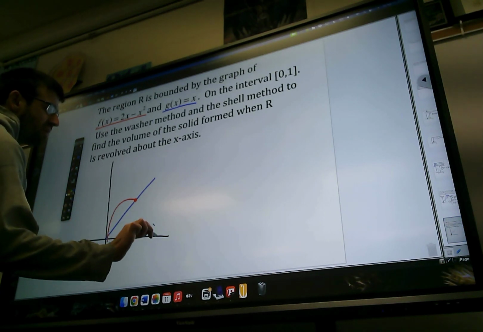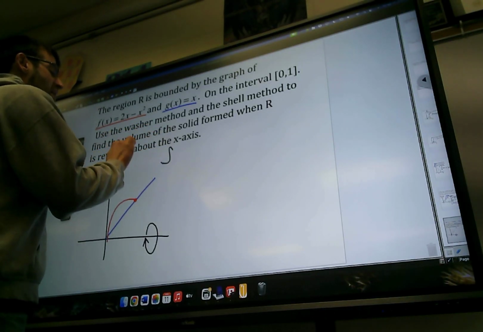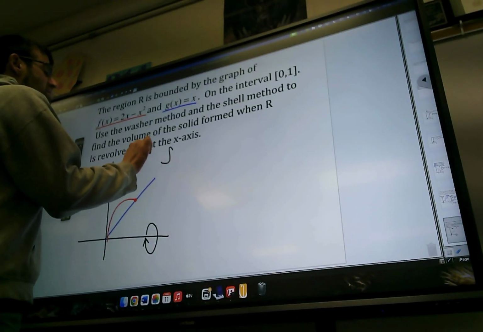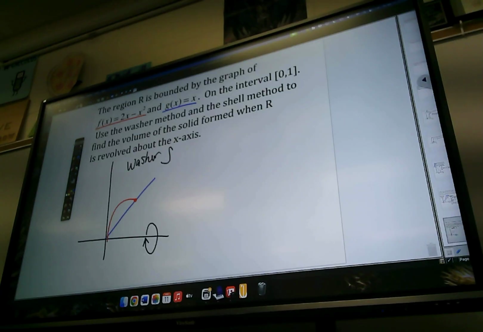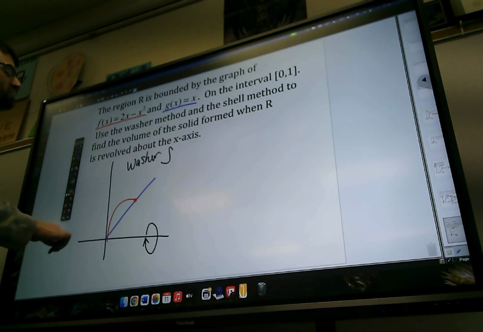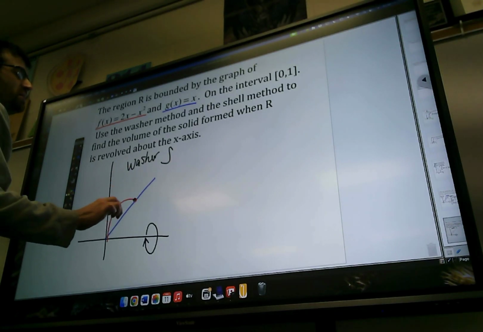So we are revolving around the x. Now, when I revolve, and this is the washer method, if I revolve around the x and I'm doing washers, I'm going to integrate in terms of x. So this is again the point 1, 1.